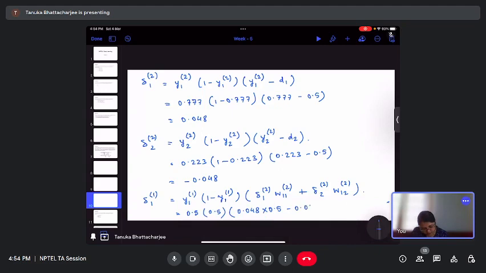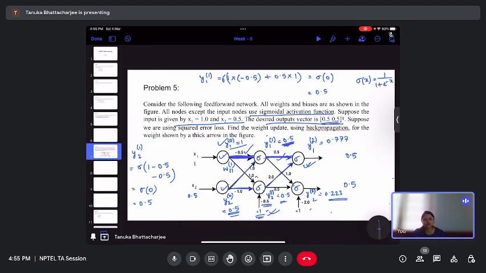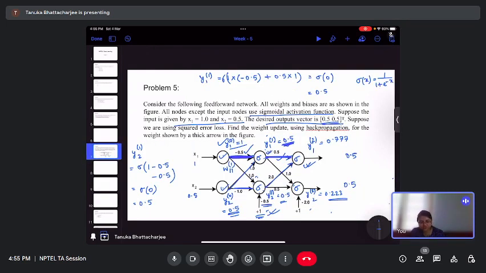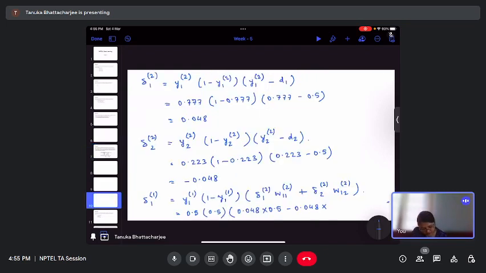minus 0.048 into W122. So W122 means the second layer first neuron is connected to the next layer second neuron, right.